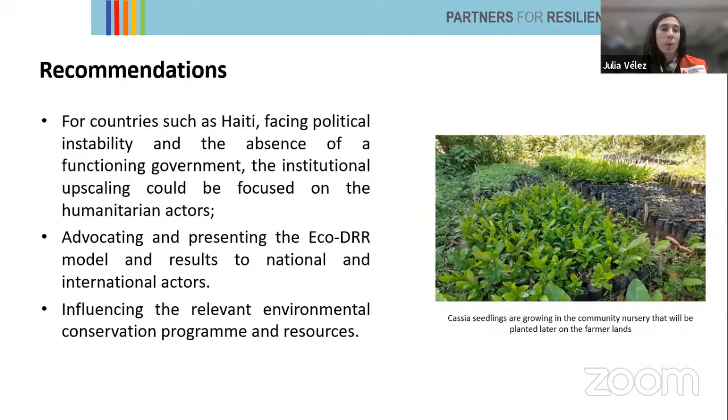So it is key to work with other humanitarian actors, linking humanitarian action and development, and to advocate on the Eco-DRR model and results to national and international actors, as we have finally done through the Haitian Red Cross, which is including this model in its strategy and will replicate it nationally with key actions such as climate change awareness and nature-based solutions, as well as influencing other relevant environmental conservation programs and resources.